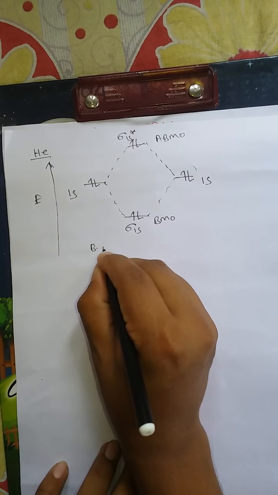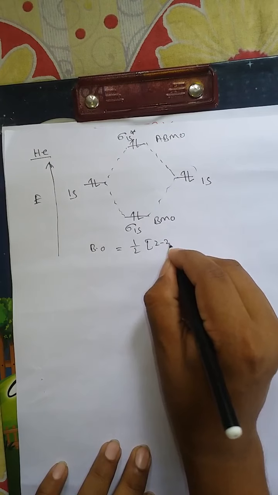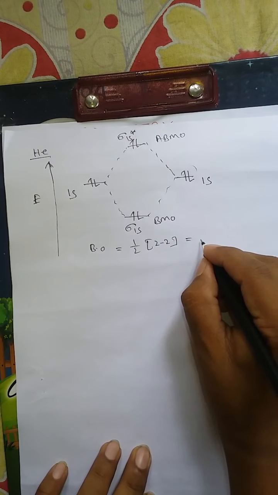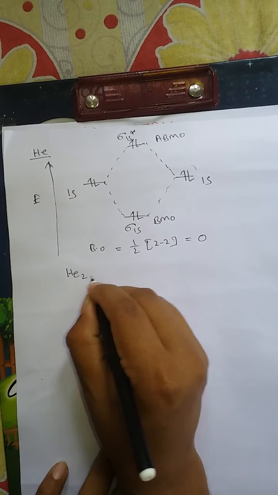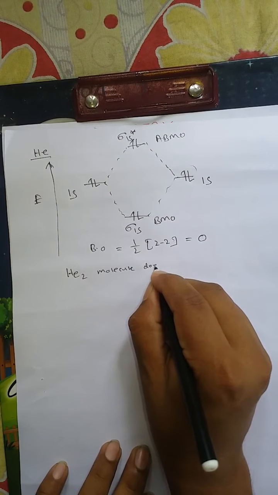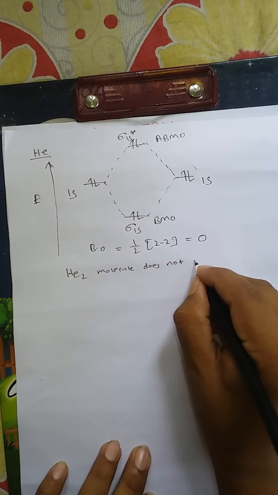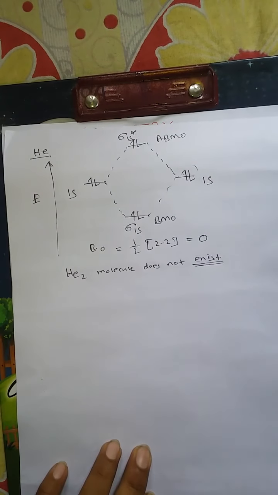So bond order is half into 2 minus 2, equal to 0. So the He2 molecule does not exist.